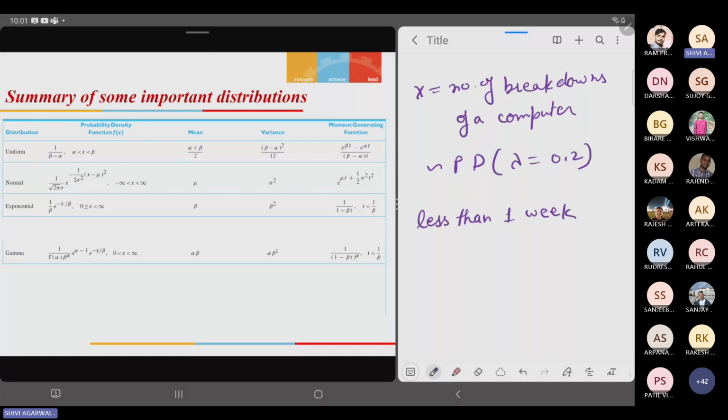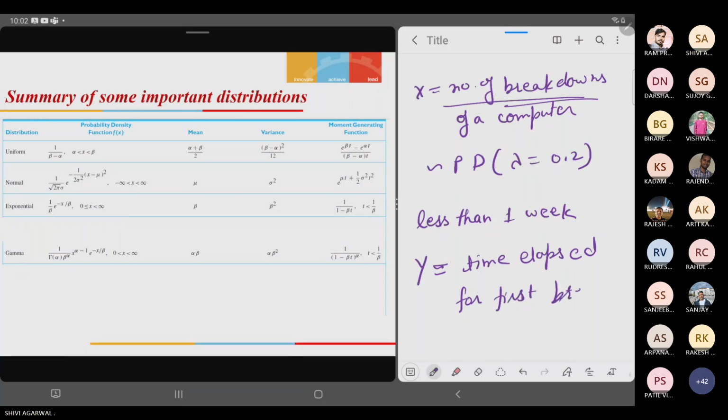So what we are saying: X is the number of breakdowns. So we say Y is equal to the time elapsed for the first breakdown, and it is given in weeks basically.